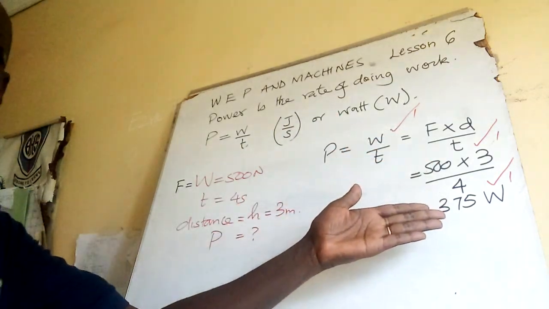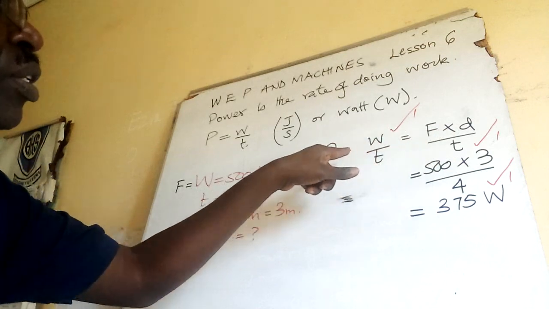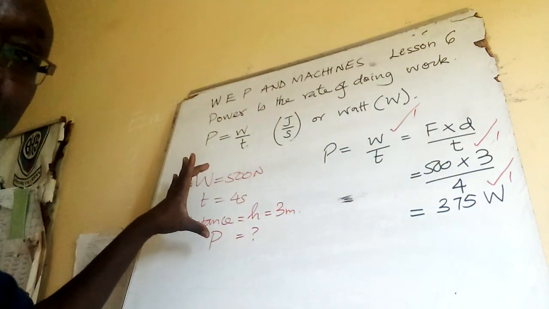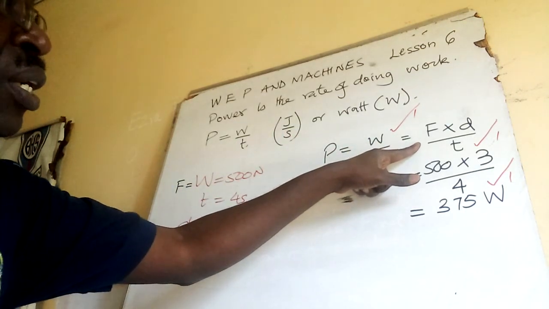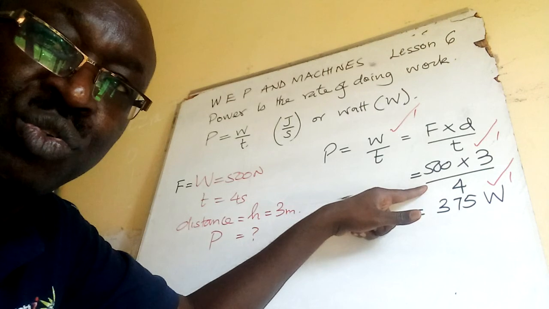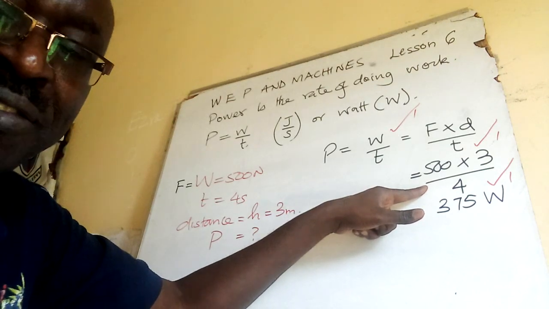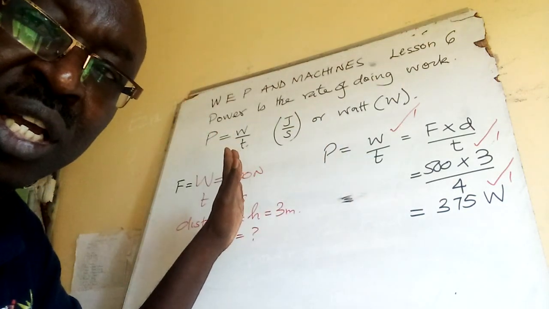You can see these are called free marks because they depend on this knowledge. The sorting out is to help you come up with a formula. Then you substitute, you remove letters, you put the figures that have already been converted.